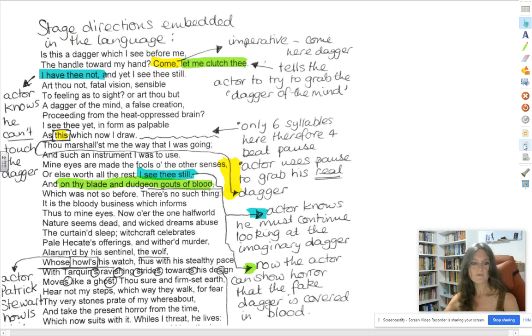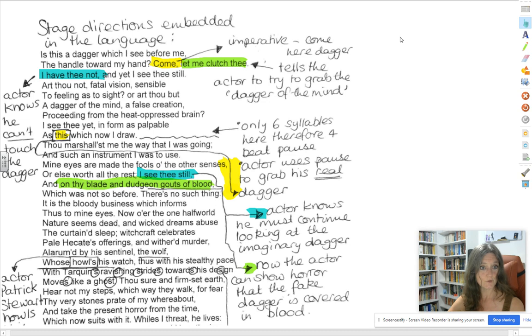Okay, so we're going to have our second look through the soliloquy. And this time, I'm really looking at stagecraft. Shakespeare is a cunning writer. You'll probably notice when we study another play that there'll be way more stage directions.